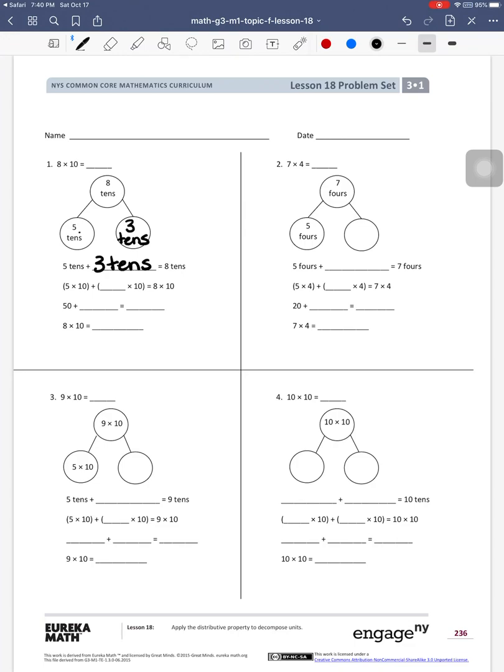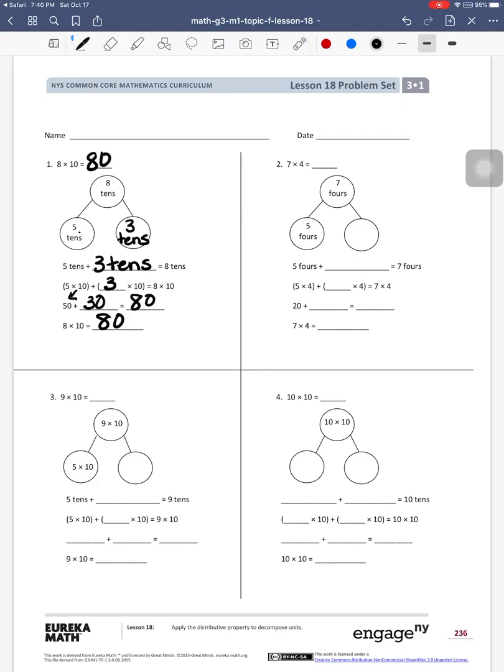Or 5 times 10 plus 3 times 10 equals 8 times 10. So we get 50 from 5 times 10, and 3 times 10 equals 30. So 50 plus 30 equals 80. Or 8 times 10 equals 80. So we'll write that there and up on top.